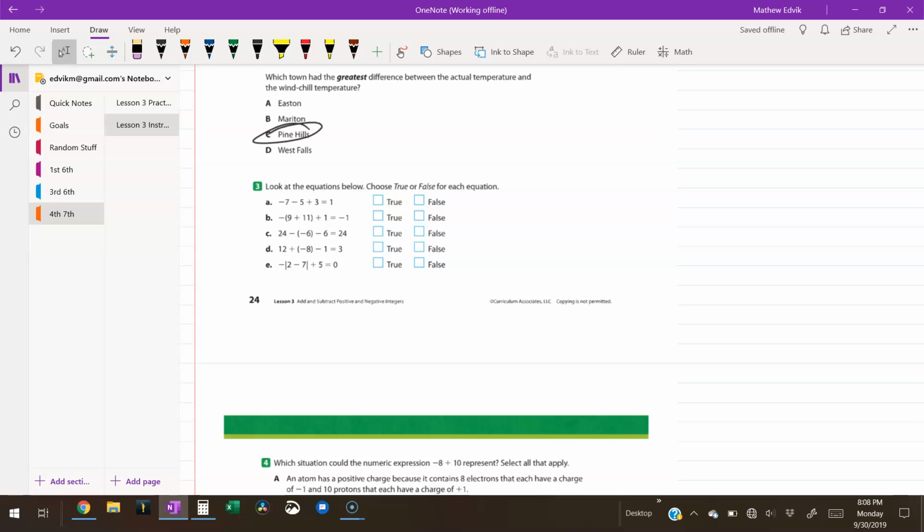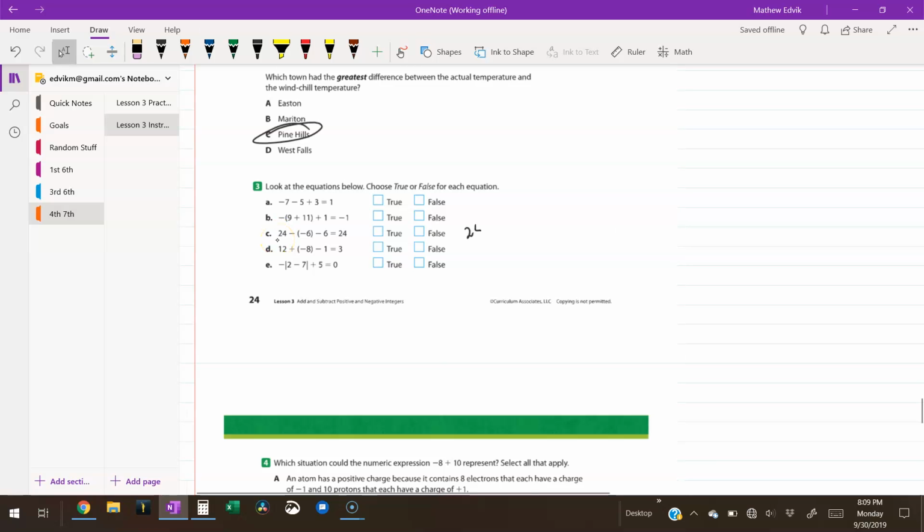Look at the equations below. Choose true or false for each equation. I'm going to let you guys work on those ones, and you can use a calculator for these. So the one that I'm looking at here that I think would be interesting to work through is this one, and I'm going to change this part to an addition problem and this part to an addition problem, and let's see what happens.